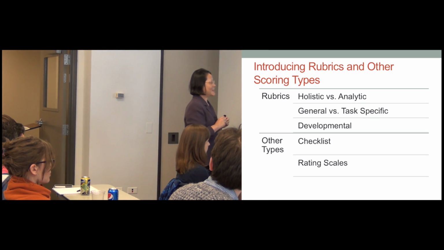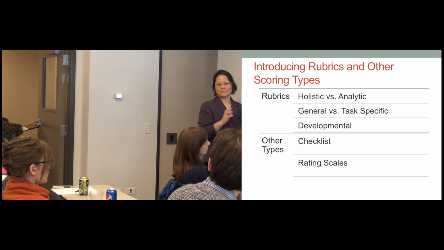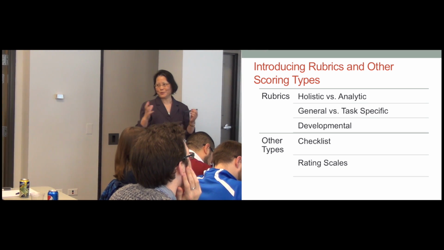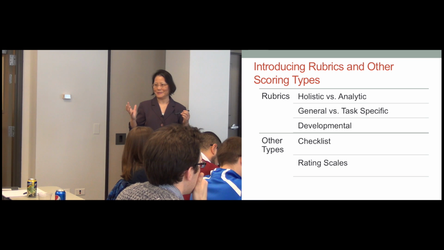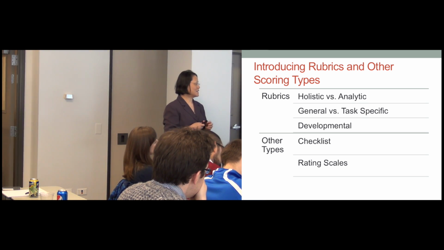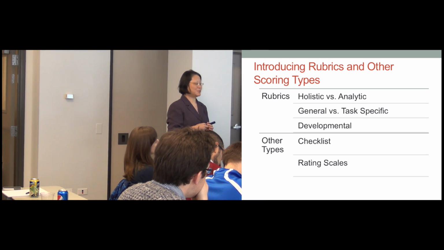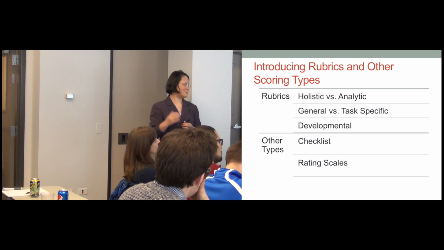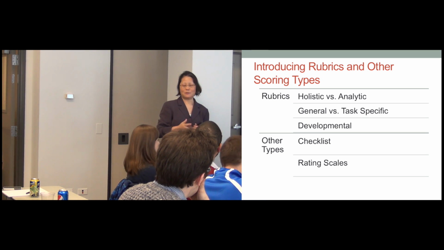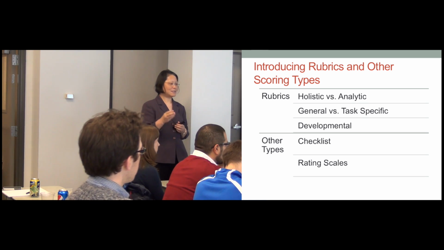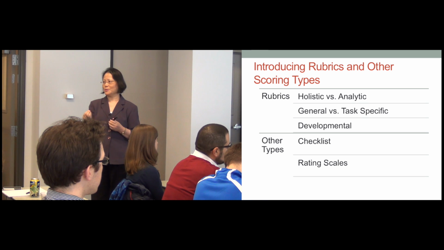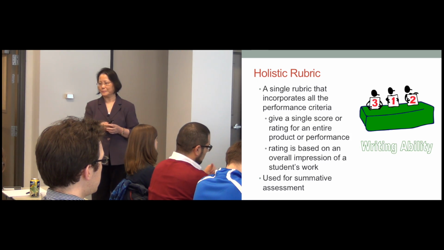And then general versus task-specific and developmental rubrics, which you use very often at DePaul University, right? And I'm also going to talk about other types, which are not called rubrics but the method is similar. We call them checklists and rating scales. Scales are similar to rubrics, a guide you use to score students' performance.